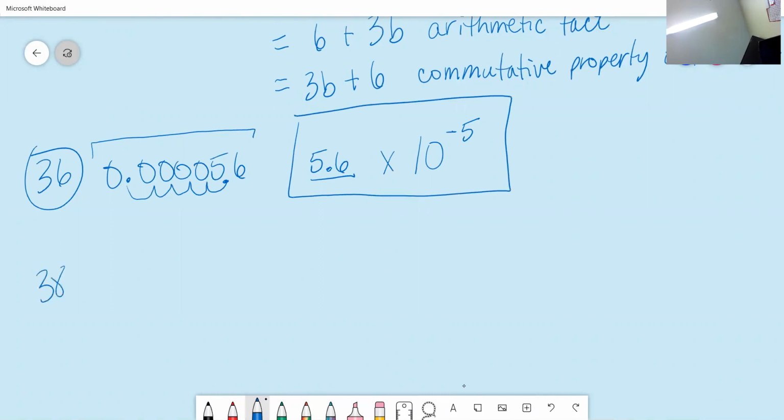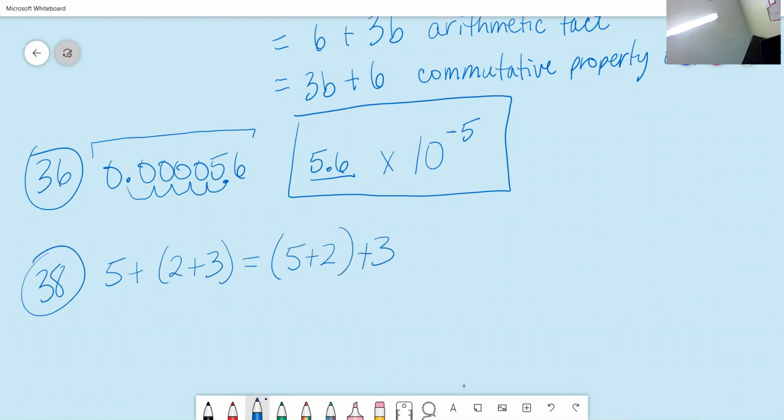All right, number 38. Now in 38 through 44, we need to name the property or definition illustrated by each of the following. So these are from our previous two sections here in chapter 2. So number 38 says that (5 plus 2) plus 3 is equal to 5 plus (2 plus 3).